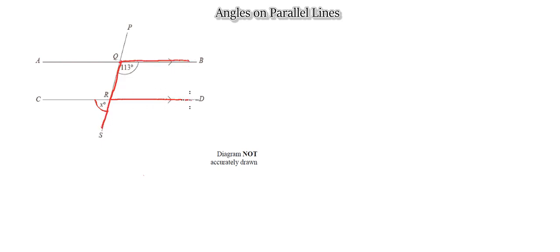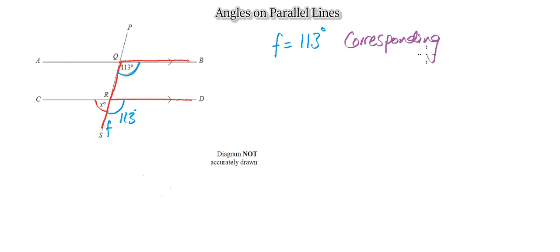We know that this angle over here, 113, will be exactly the same as this angle, 113. Let's say this angle is angle F. So we can say the angle F is 113 degrees. And what's the reason for that? This is corresponding angles.